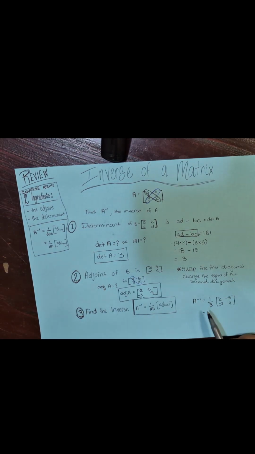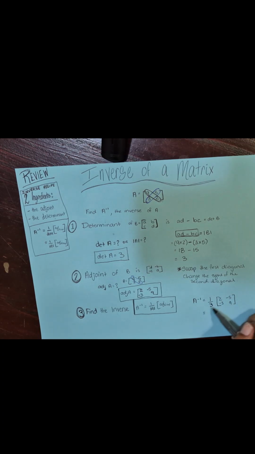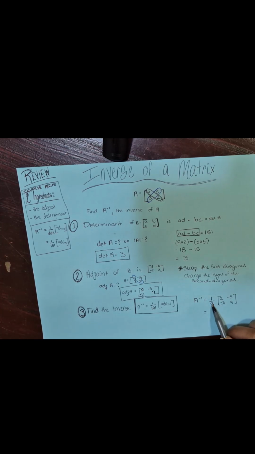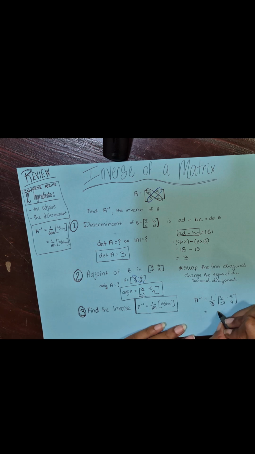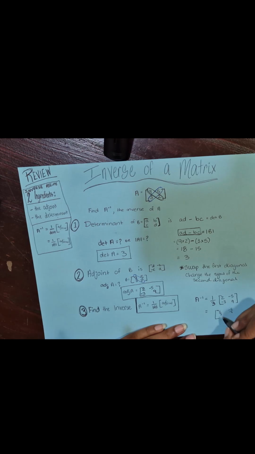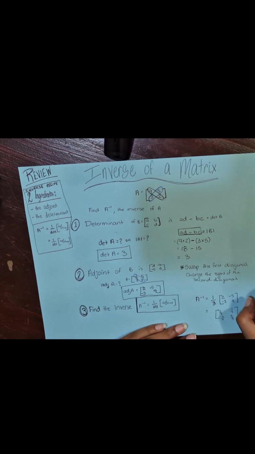Now we're just doing scalar multiplication, because this is a scalar, even though it's a fraction, and we're just multiplying by each thing. Remember, if the numerator is 1, all we have to do is put the denominator on each element in the matrix. So we end up with 2 over 3, -5 over 3, -3 over 3, and 9 over 3.